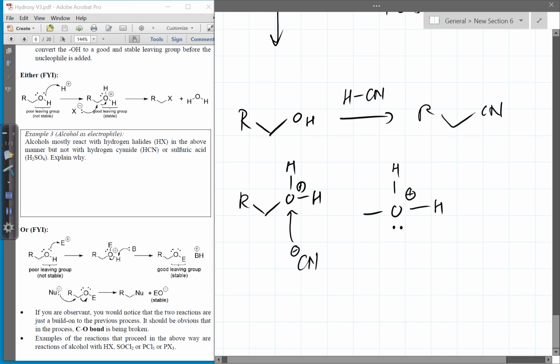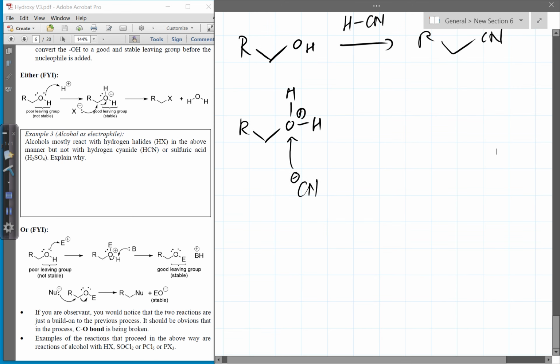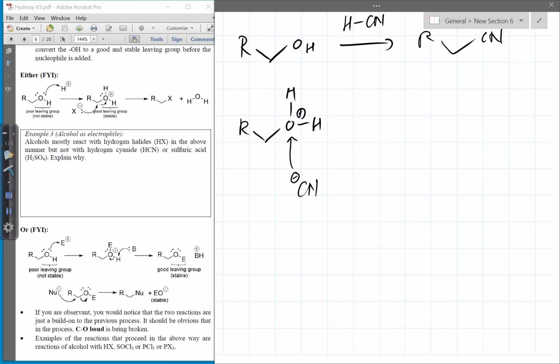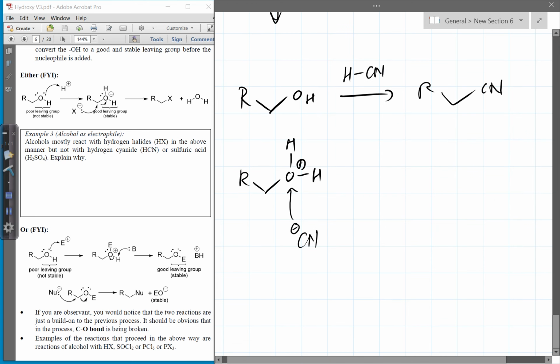Now if we look back into the properties of alcohols, let me ask you, is water a strong acid or a weak acid? Is water a strong base or a weak base? Weak base, correct? Alcohols are weak bases as well, because they are structural analogues. If this is a weak base, it makes sense to think that you need a strong acid to protonate it.